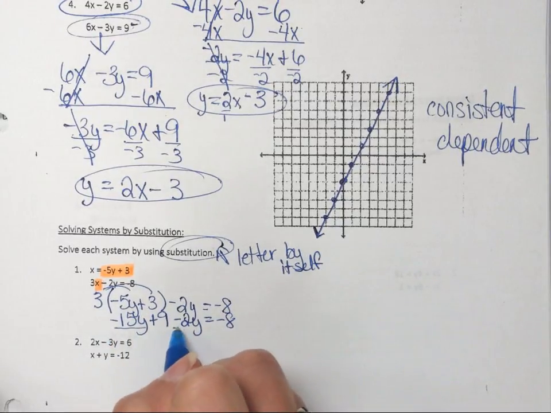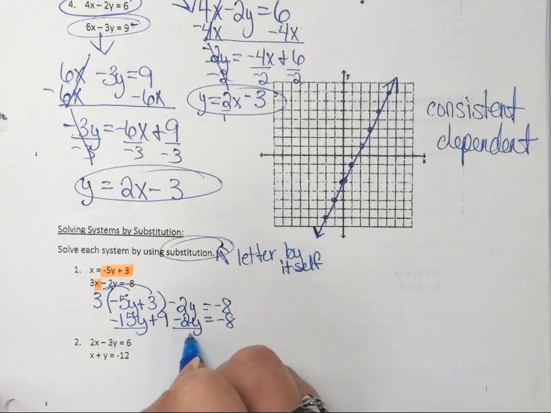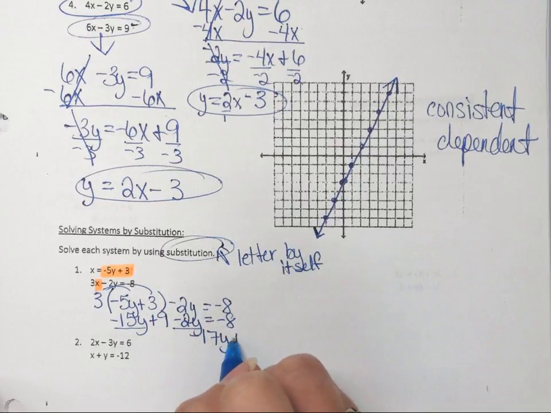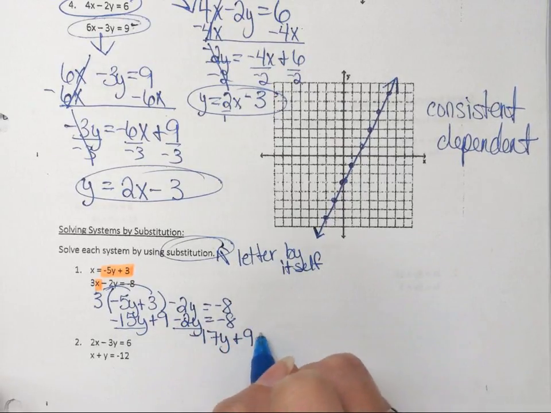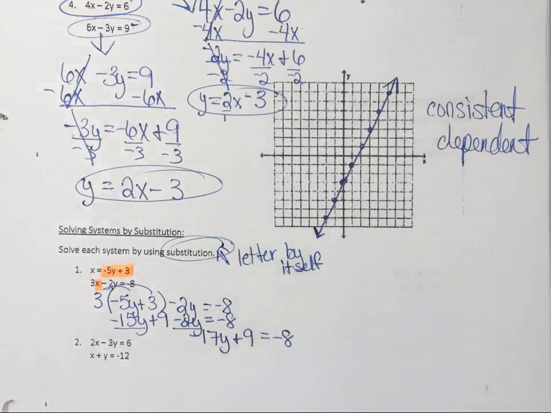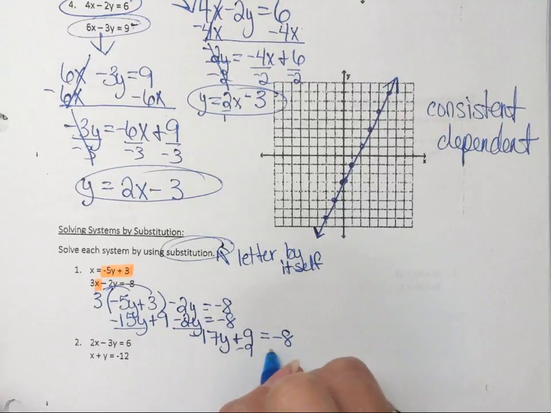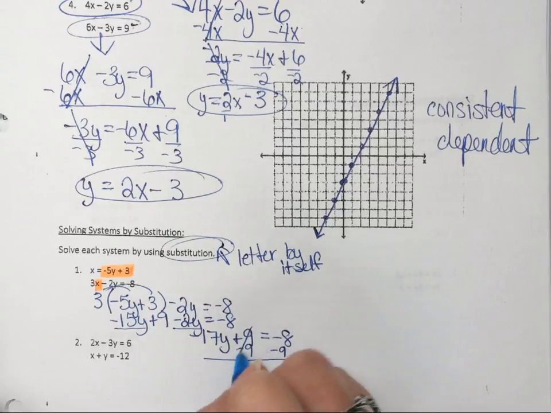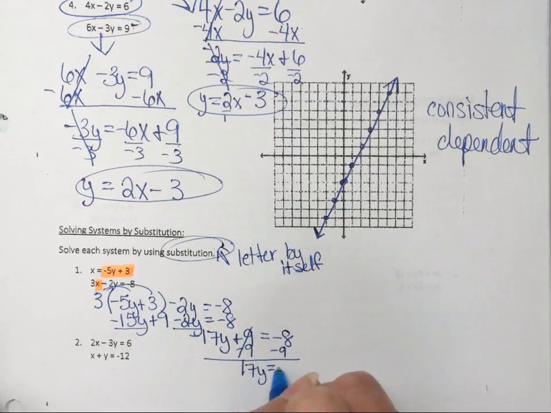What's negative 15 minus 2? Negative 17y. And then bring down your plus 9. Bring down your equals negative 8. Now what can I do? Subtract 9. So negative 17y equals negative 17.